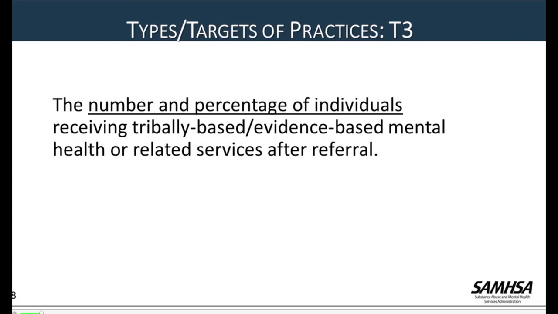Types and targets of practice. This is sort of part two to the slide we just talked about. Here you'll be collecting the number of individuals that have received tribally based, evidence-based mental health or related services after a referral. To give you an example, how we were just talking about interventions in a community.